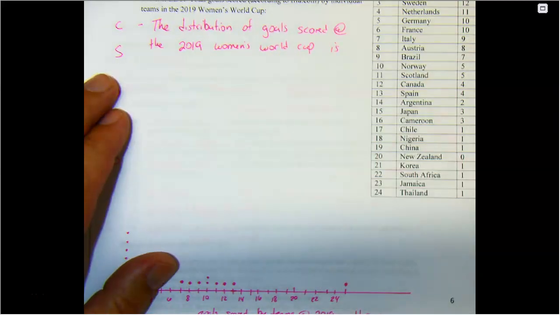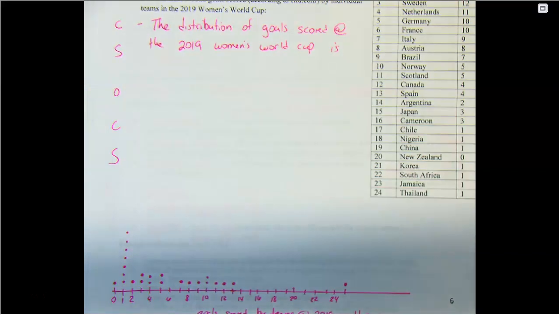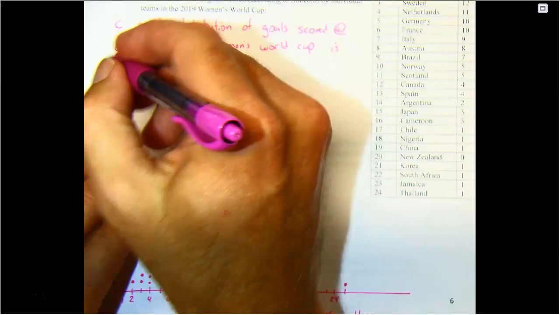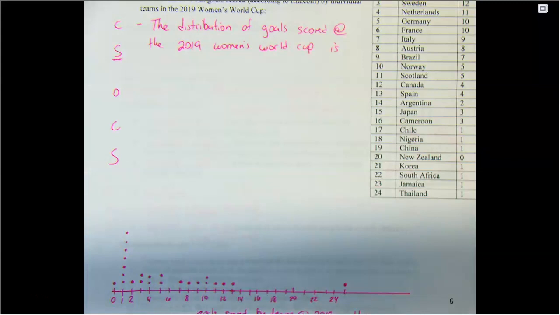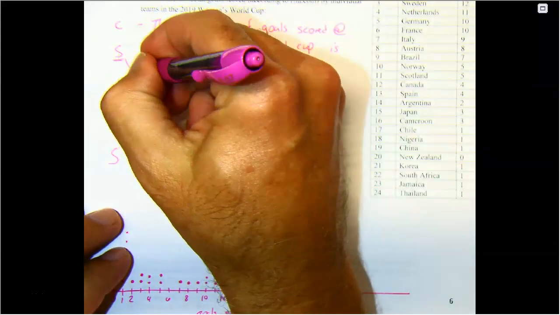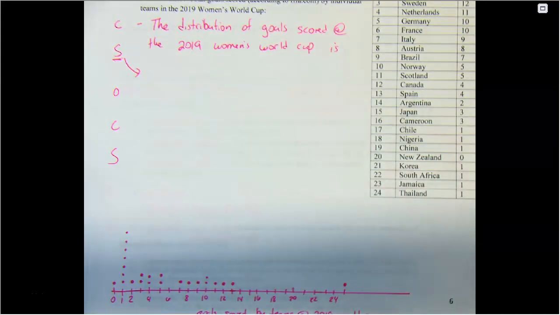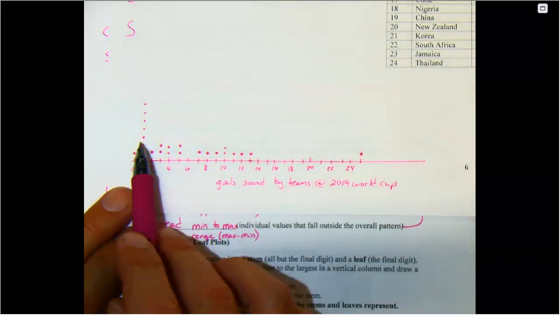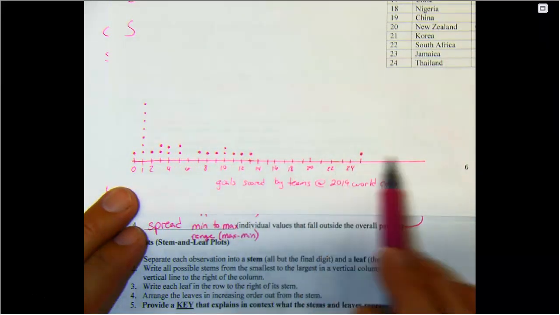is, and this is where you could either continue on with a sentence, but now we're ready for S, shape. I didn't do a very good job of spacing this out. What is the shape of this distribution? If we come down here, we have a distinct peak, we have a cluster, and then this spreads out way to the right.